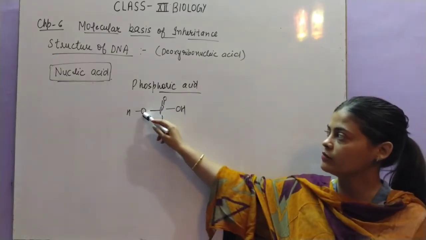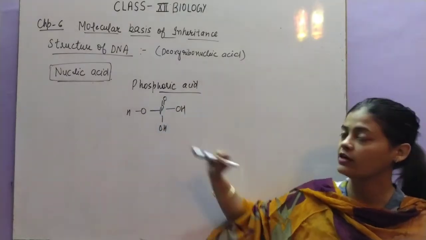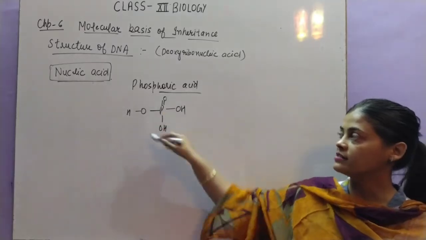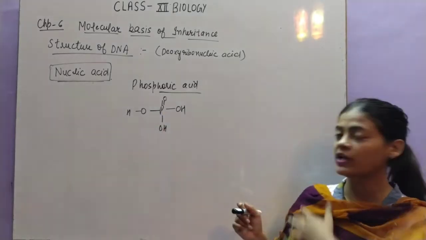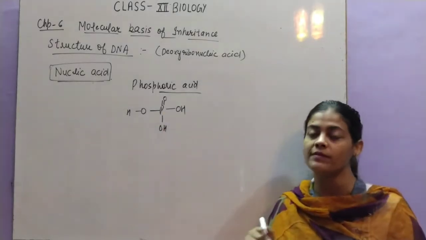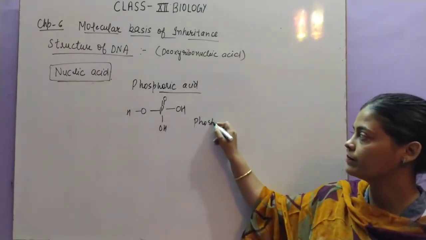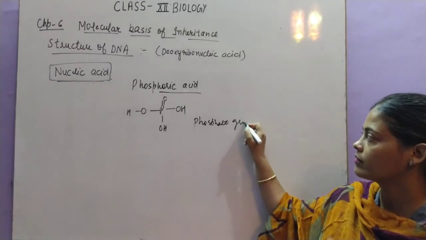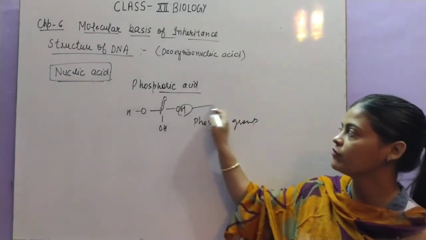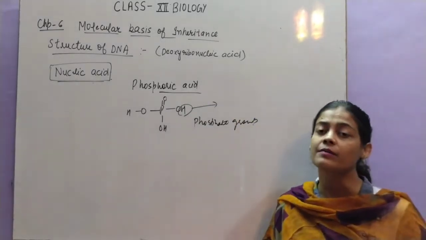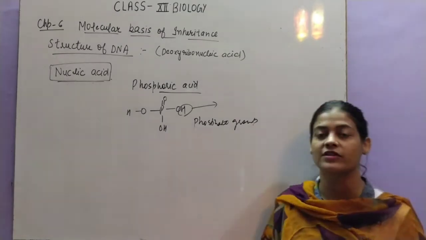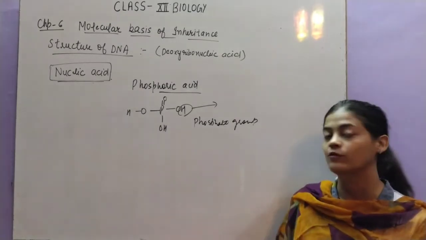So here you can see one with oxygen, OH and OH group, and this is the phosphoric acid, but actually it is not present in this form in DNA. It is present in the form of phosphate group, because this oxygen will form the bond with the pentose sugar. When we will study the structure in detail, then you will find it.